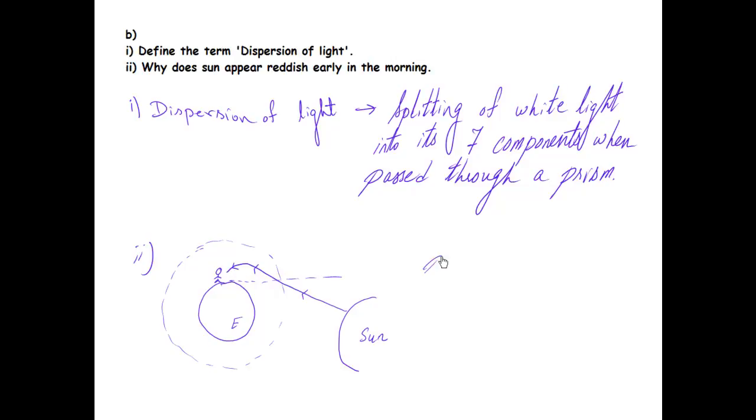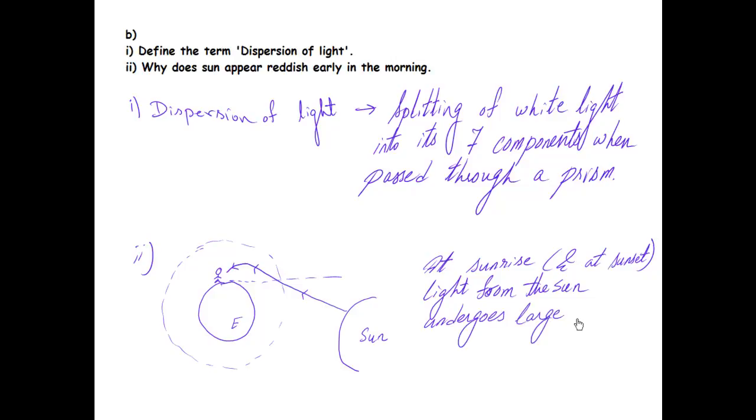So basically at sunrise and also at sunset, light from the sun undergoes large amount of scattering, and this is because it has to travel through a large layer of atmosphere.